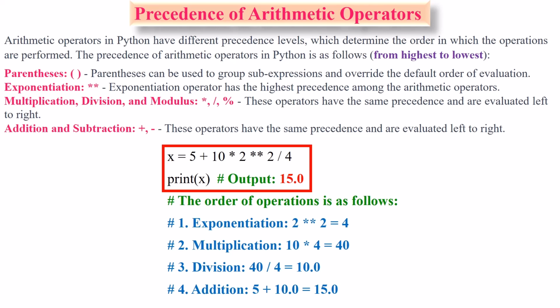Then, the division operator, slash, is evaluated. 40/4 equals 10.0. Note that when dividing two integers in Python 3, the result is a float. Finally, the addition operator, plus, is evaluated. 5 plus 10.0 equals 15.0. Therefore, the final value of x is 15.0.